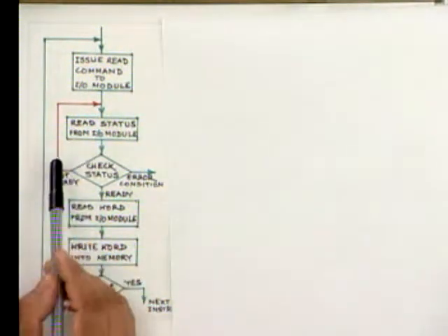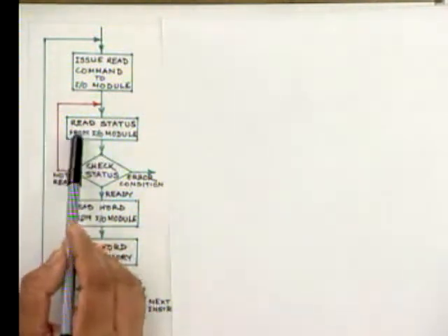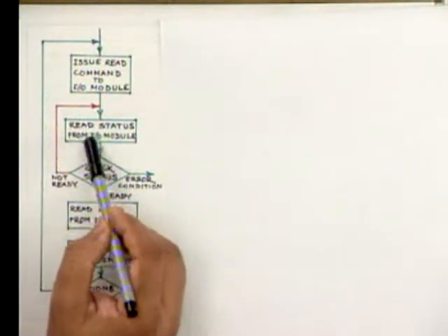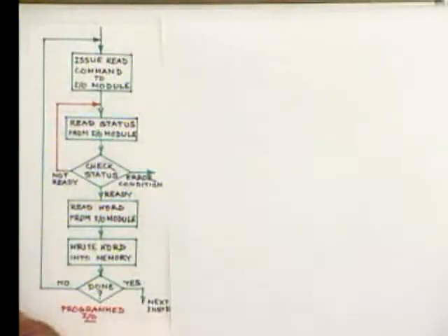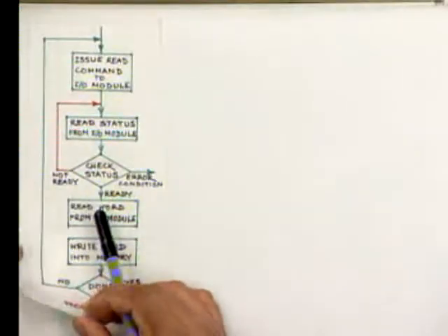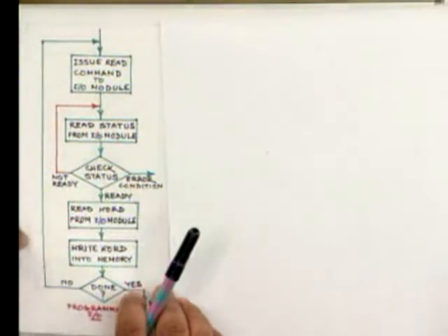You can immediately say it's a 10 to the power 3 times difference, and waiting in such a tight wait loop just to check whether the data is ready or not is essentially wastage of CPU time. Therefore, we should try to improve the situation so that the CPU does some effective work instead of just waiting like that. Anyway, this is what we call programmed I/O.